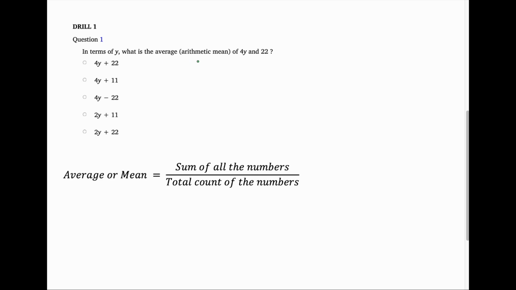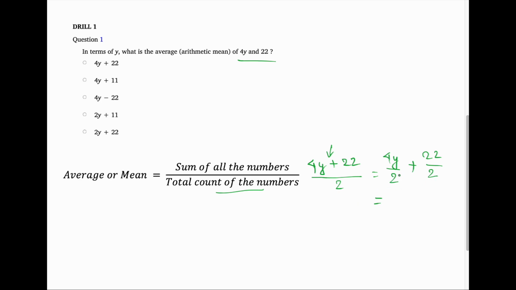To find the mean of these two terms, we'll first add these two: 4y plus 22, and we'll divide by the count of the numbers, which is 2 in this case. Whenever there is a plus or minus sign here, we can just separate the terms, which is 4y divided by 2 plus 22 divided by 2.